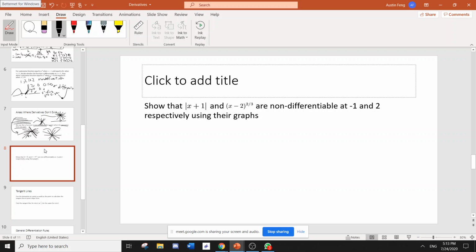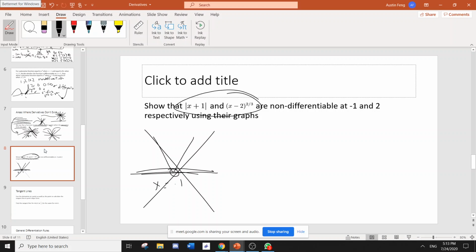Let's show that these two functions are non-differentiable. For the absolute value of x plus 1, we see the function is like this, and when x is equal to negative 1, there's a corner here, so it's non-differentiable.